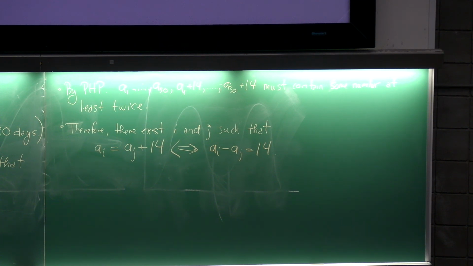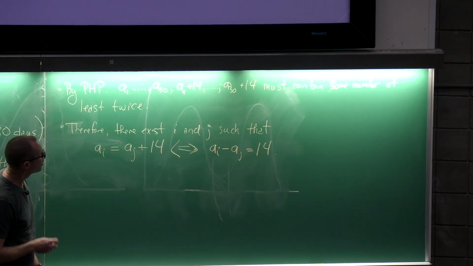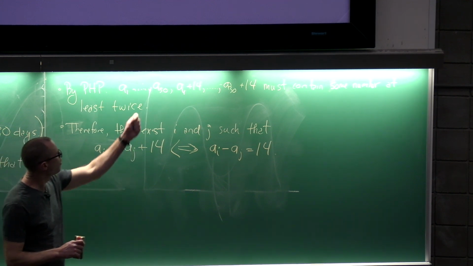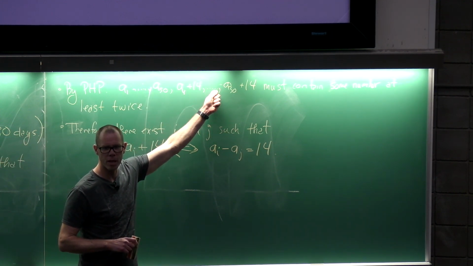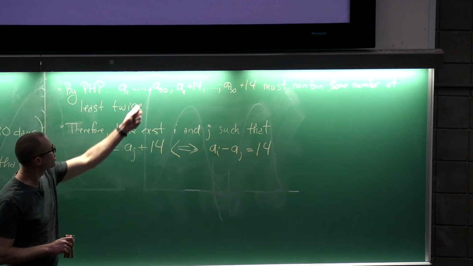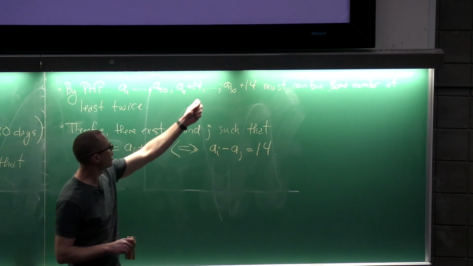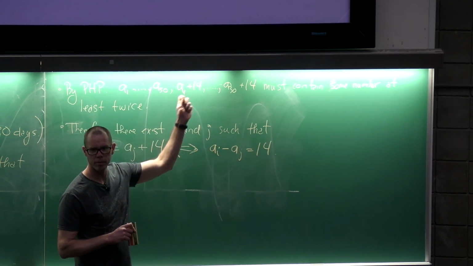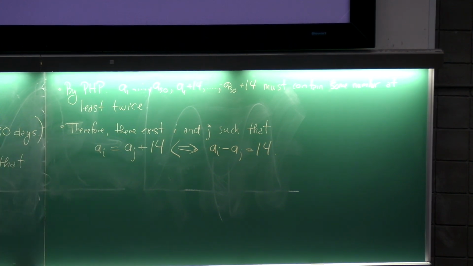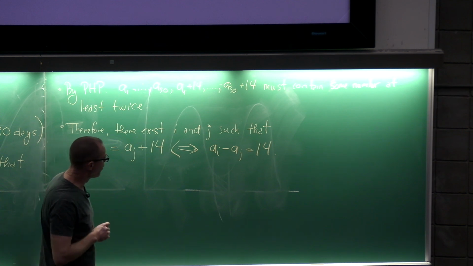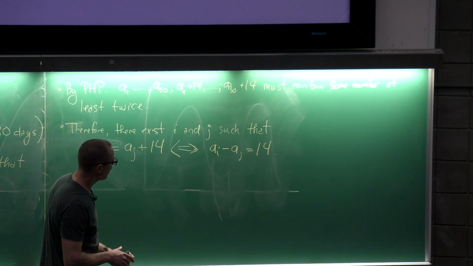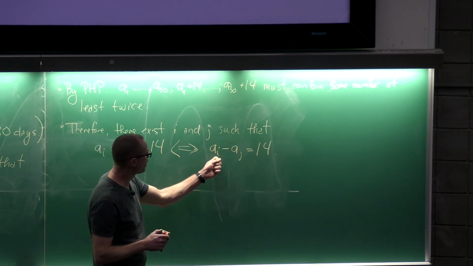So i and j are just two indices, as I know by the pigeonhole principle that something on this side is equal to something on this side. Let's call the thing on this side A_i, and the thing on this side is A_j plus 14. Okay, so let's see what that means. So which one of these is bigger, i or j?